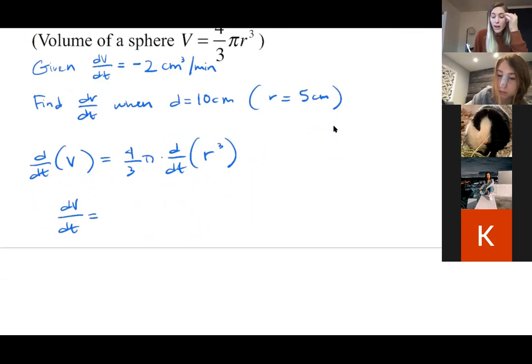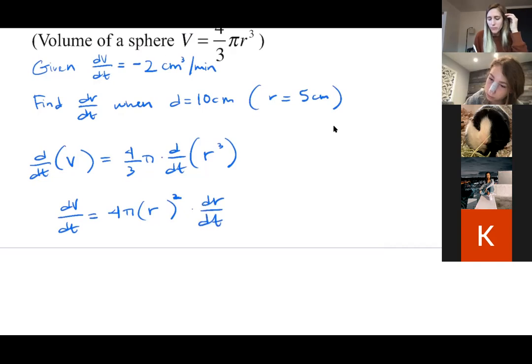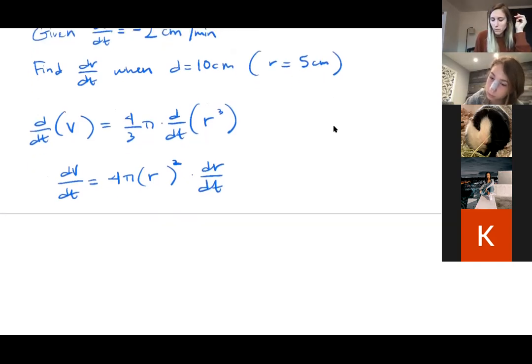And then if we think chain rule for differentiating the right side, that will be 4 pi, right? Because we multiplied the 4/3 by 3. We leave the inside alone. Oh, sorry, we subtract 1 from the exponent. And then we multiply by the derivative of the inside, which would be dr over dt. The V doesn't look like a V. I'm going to fix it.